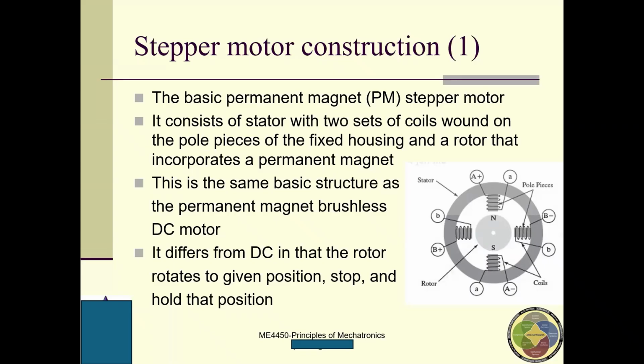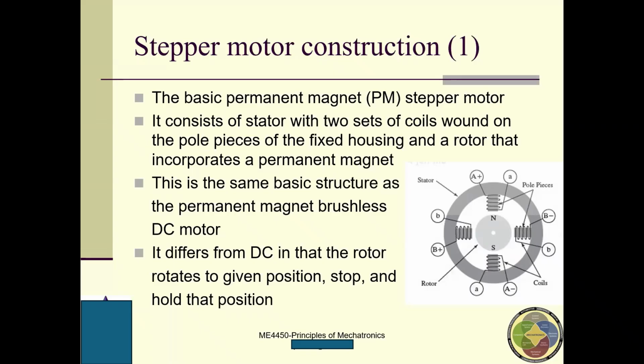Make sense? Okay, the same thing for these 2 pole pieces, B plus and B minus. One is a cathode and one is an anode. Also, we have a common point, lowercase b. So these 2 coils are physically connected at point b.